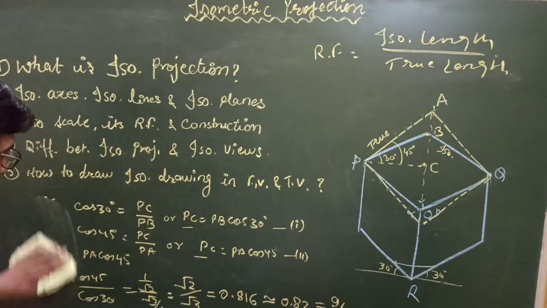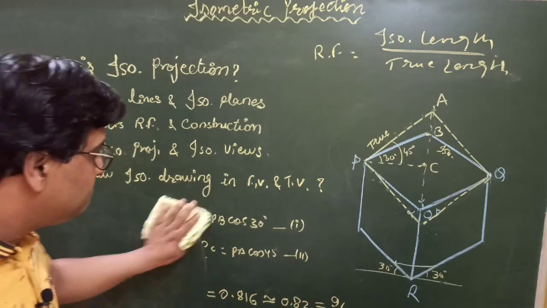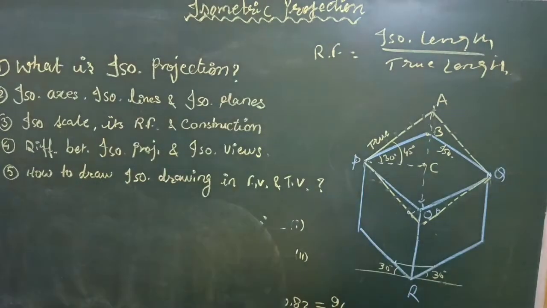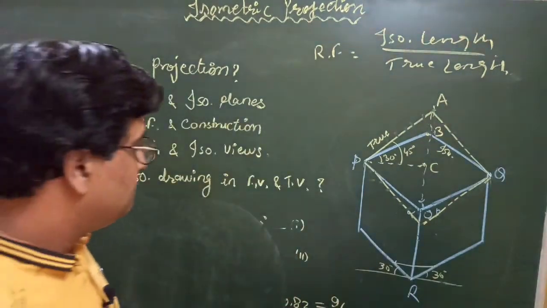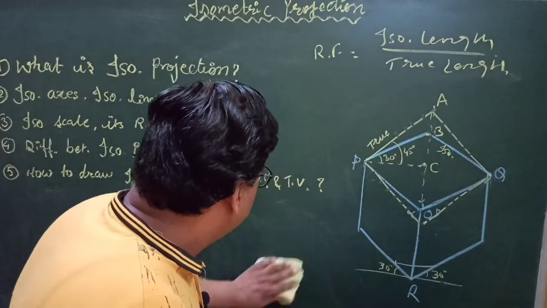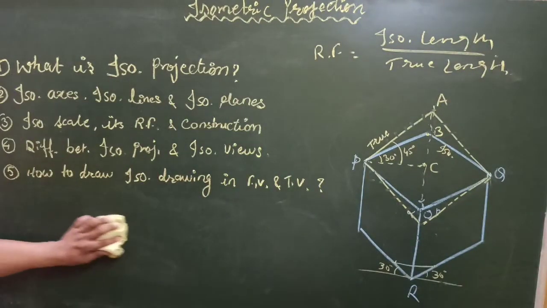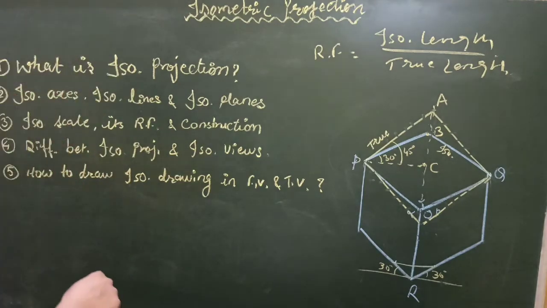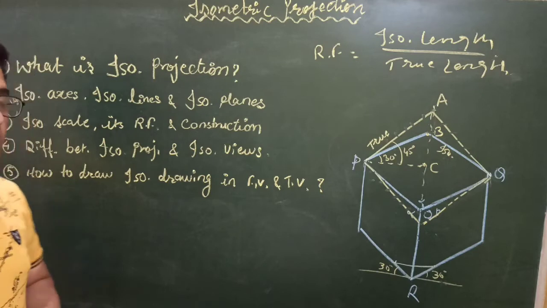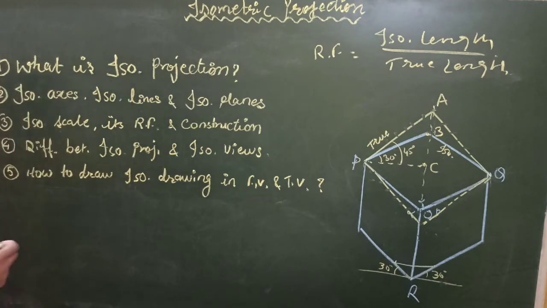For that, there are two methods. Now, construction of isometric scale. So there are two methods.